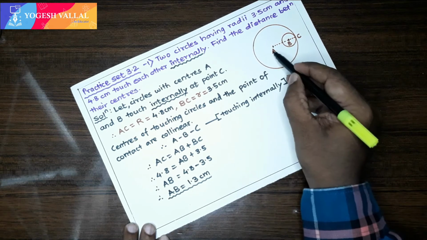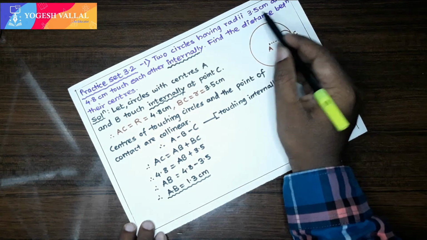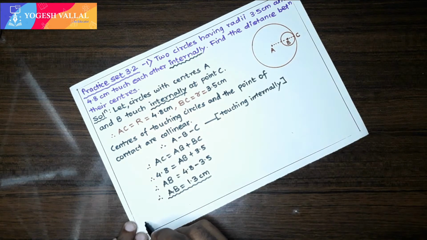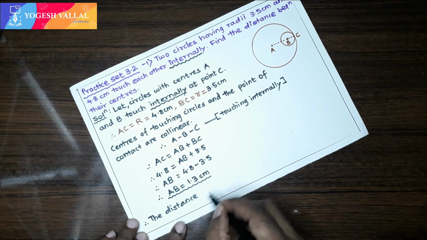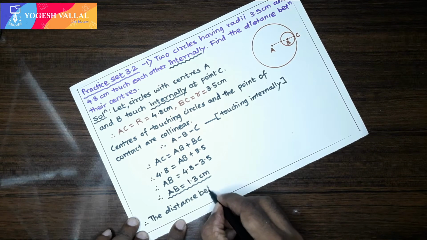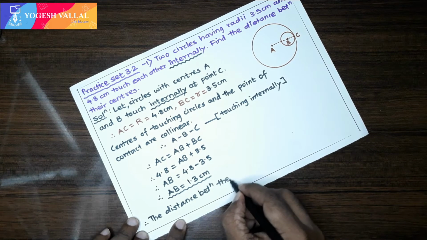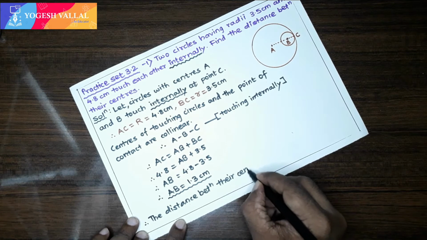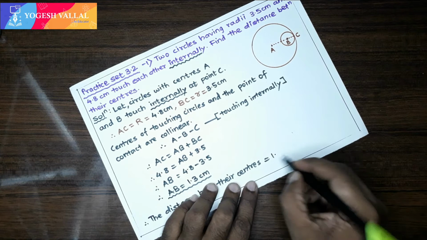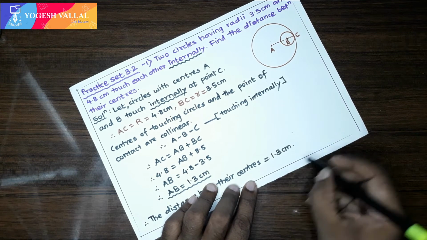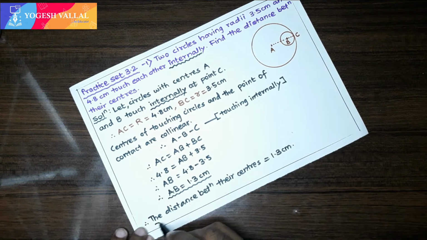What is this? A and B are nothing but the centers, so we can write here the distance between their centers is 1.3 centimeters. Just highlight your final answer.